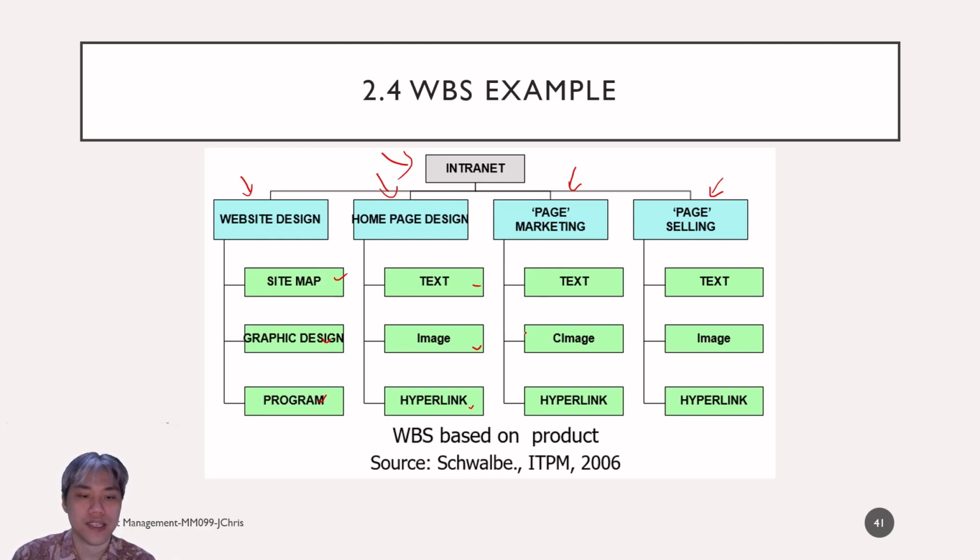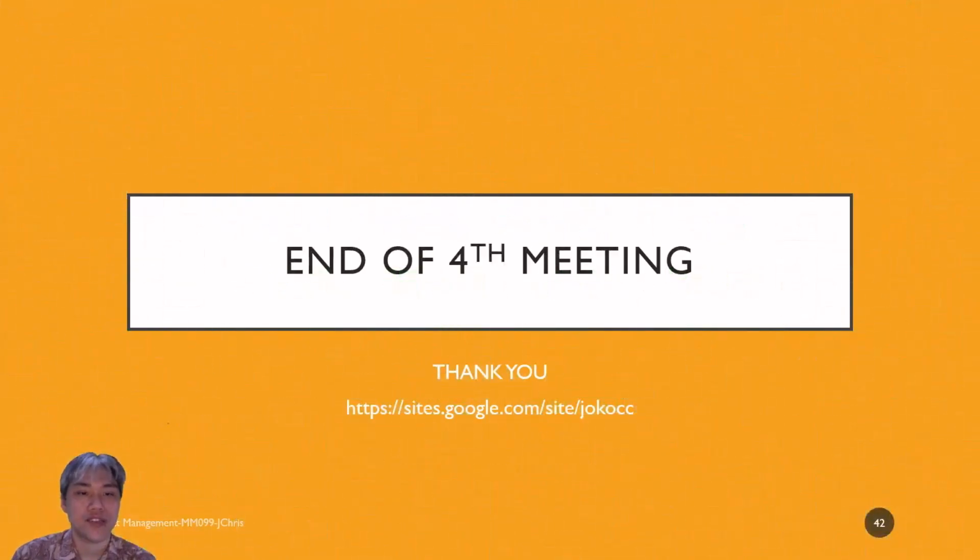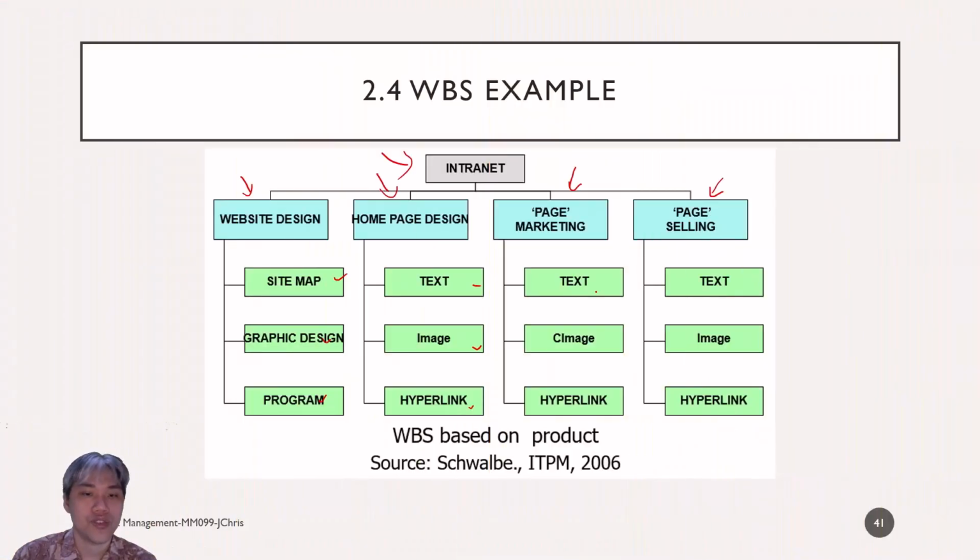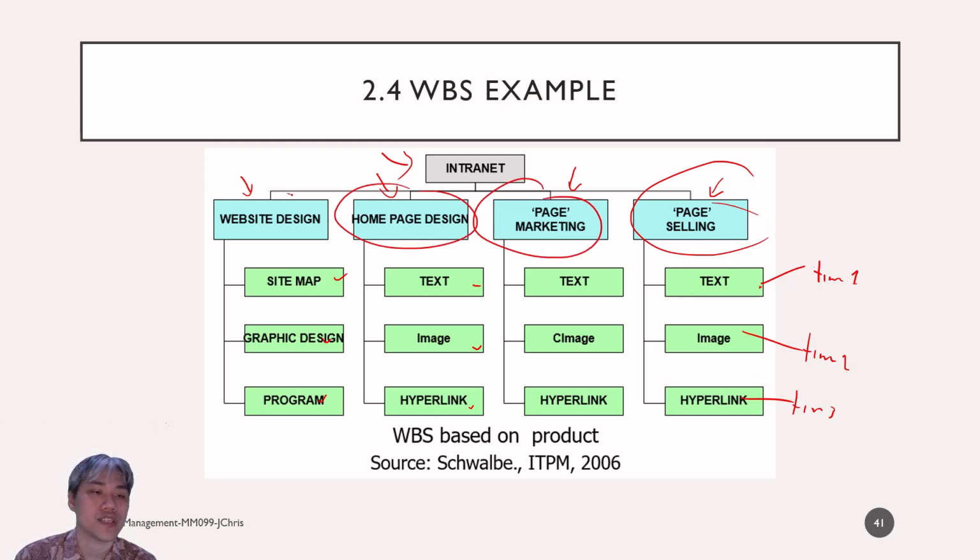This is the structure, and you can later delegate this to team 1, team 2, and so on. Usually, because this is small, we can delegate some to the same team, or maybe this entire branch is one team.